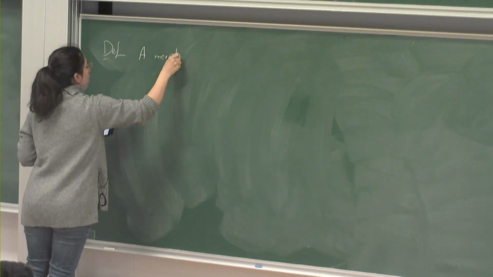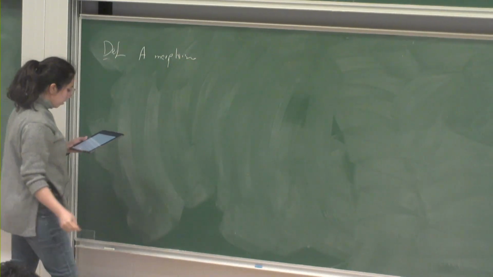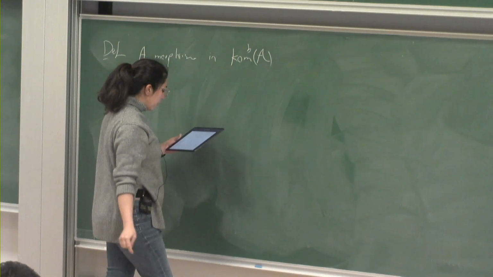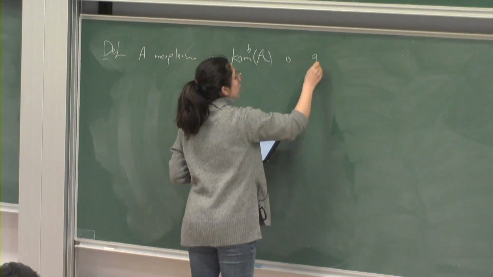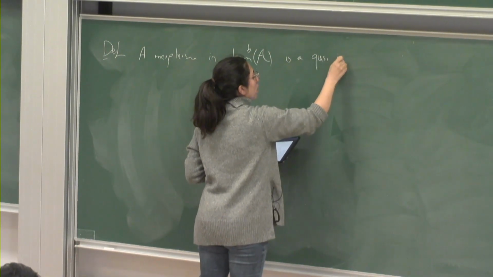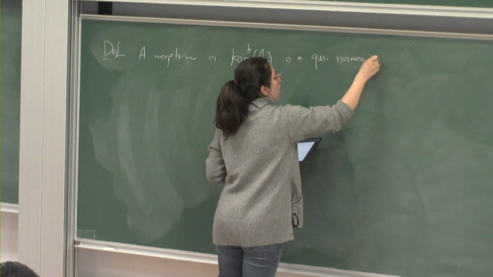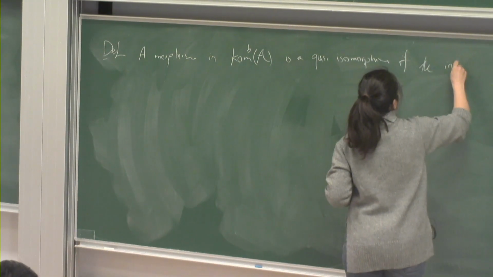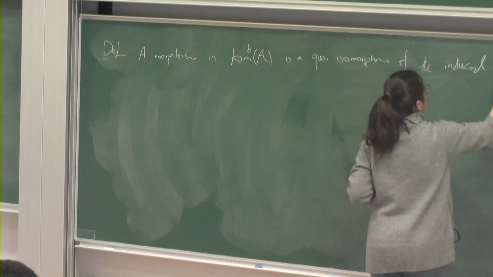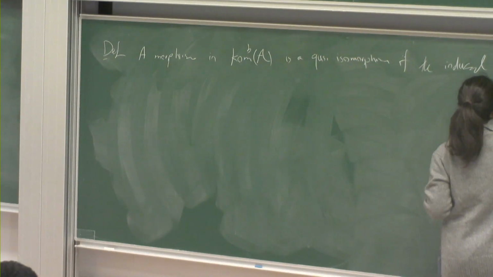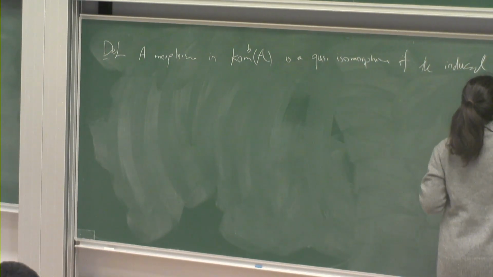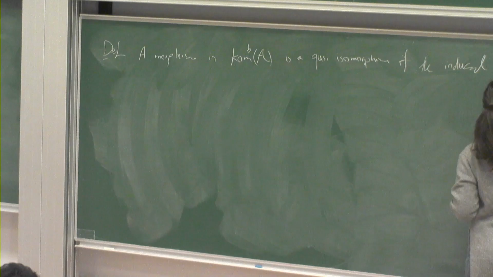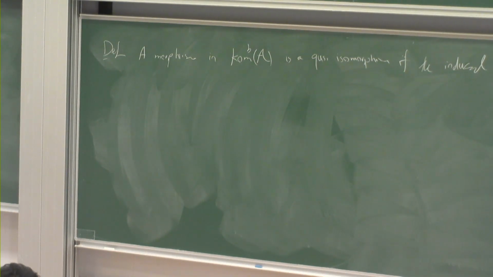A morphism in this category of complexes over A is called a quasi-isomorphism if the induced map on cohomologies is an isomorphism on cohomology.